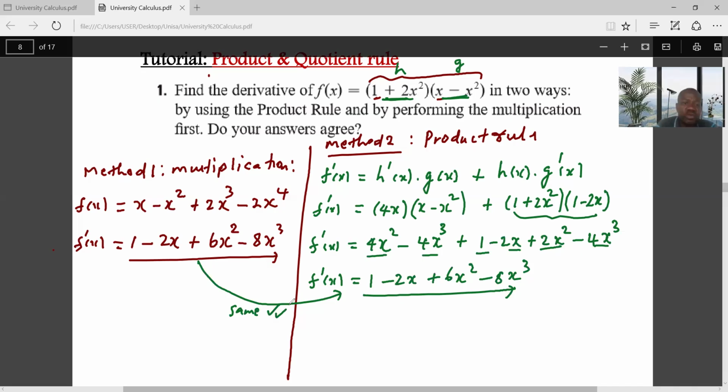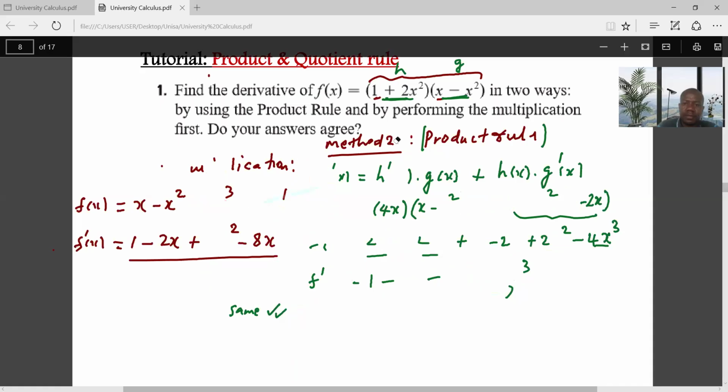But there are some questions which do not require multiplication. They force you to use a product rule. We will talk about that. So you need to be able to know both of these. We actually use the product rule when expressions are multiplied to each other.